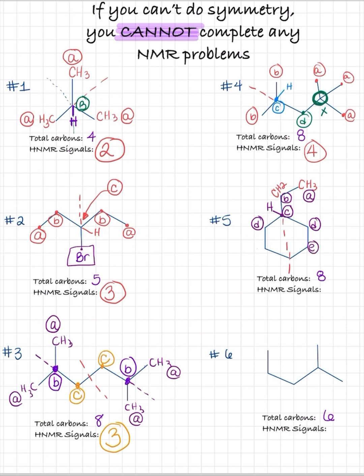This one is E and F. So when I total it up, even though this has 8 carbons total in the picture, I have 1, 2, 3, 4, 5, 6 signals that are going to show up on the HNMR spectrum.